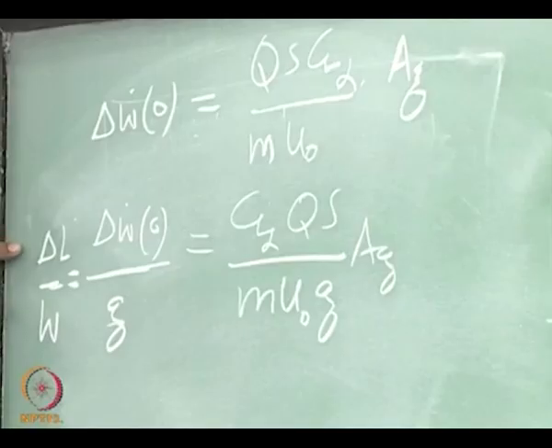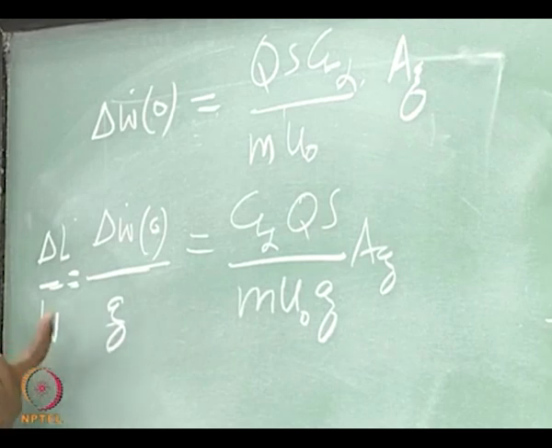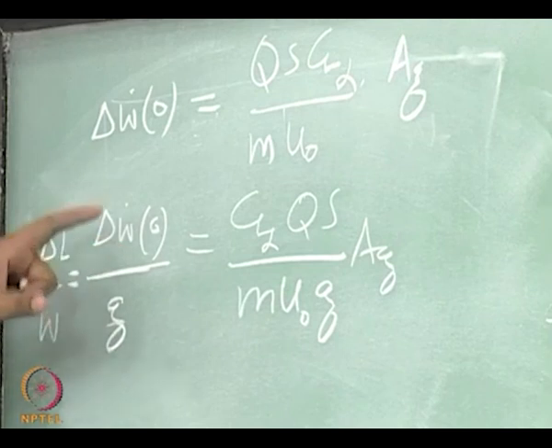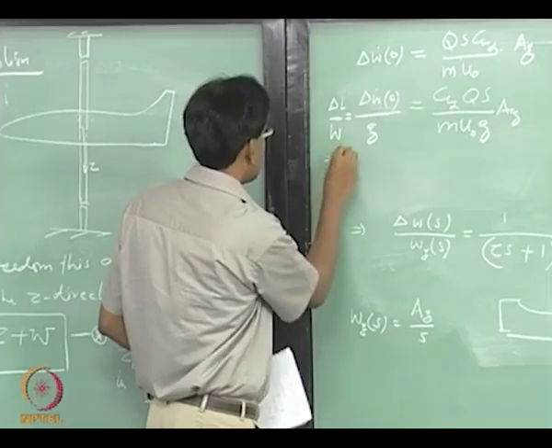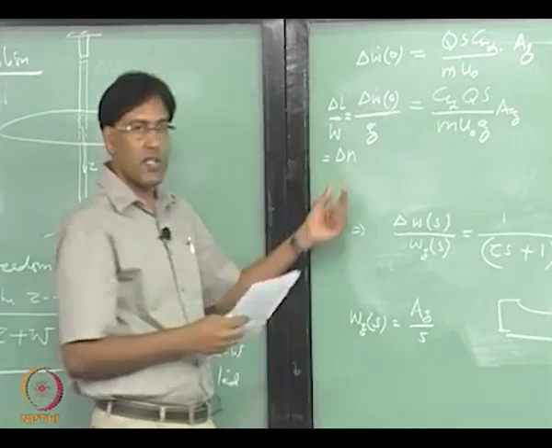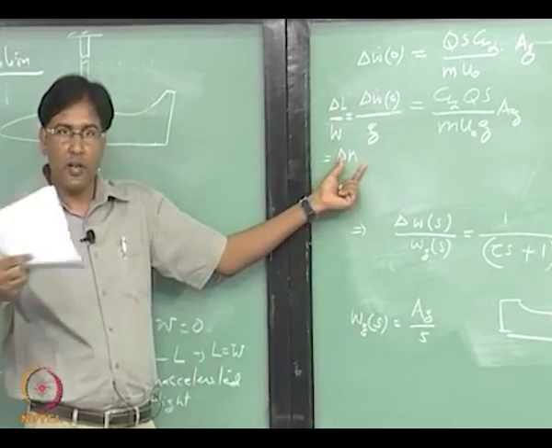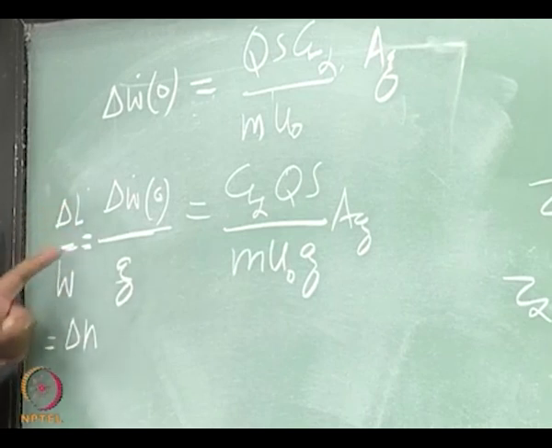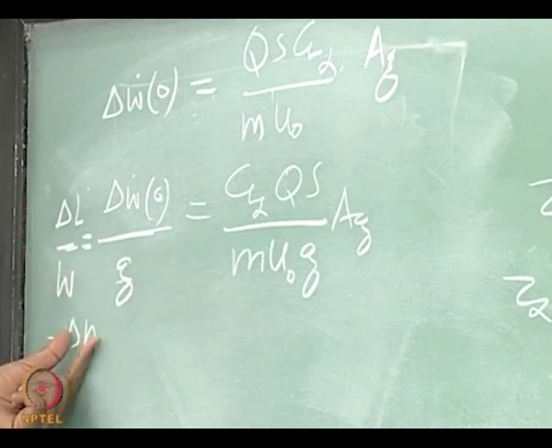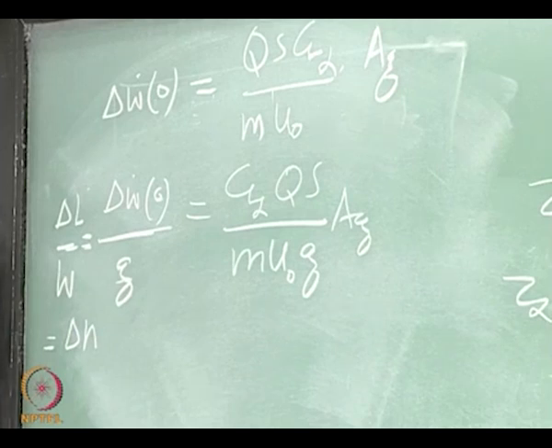Can you see that? So, if you just balance these two, what you are going to get is m into delta w dot, and that is coming from the change in lift, right. So, corresponding to this, there is a change in load factor which is delta n, right. L over W is the load factor, and the change in lift is going to cause a change in the load factor, which is giving the acceleration.